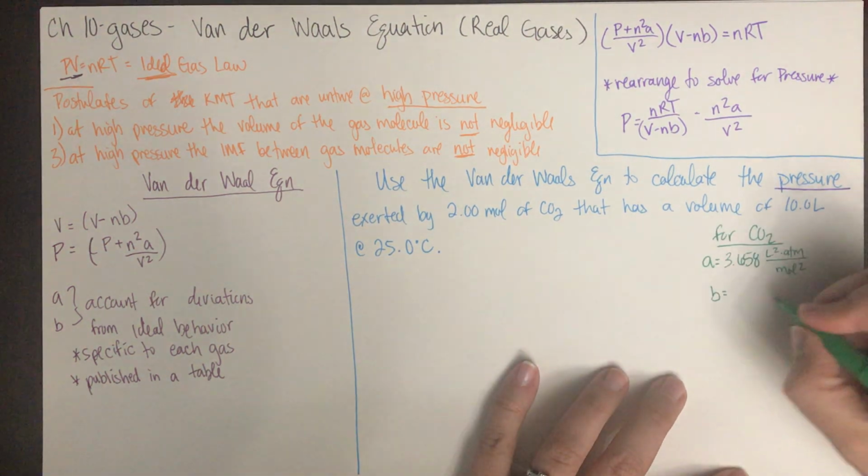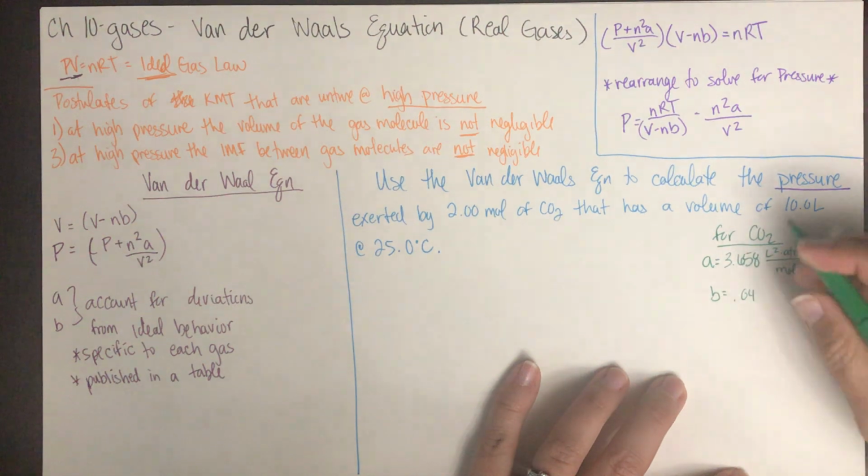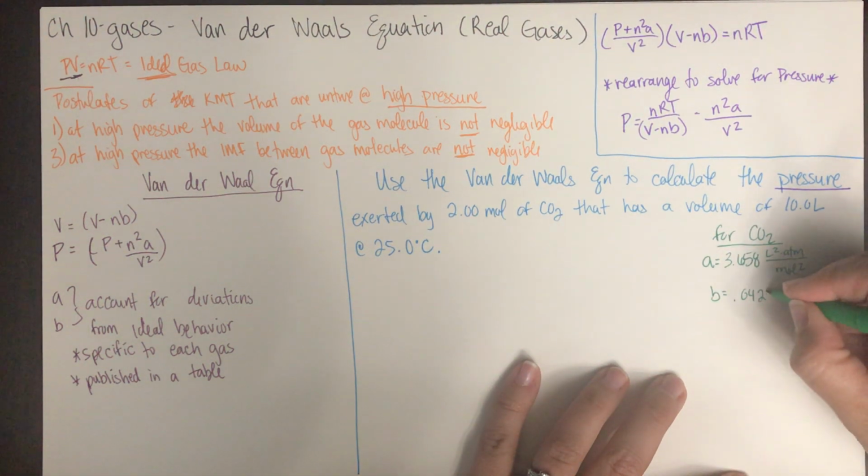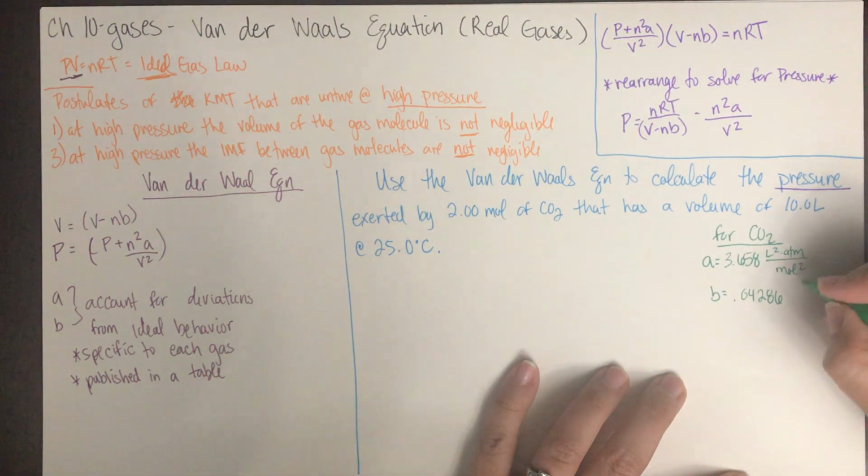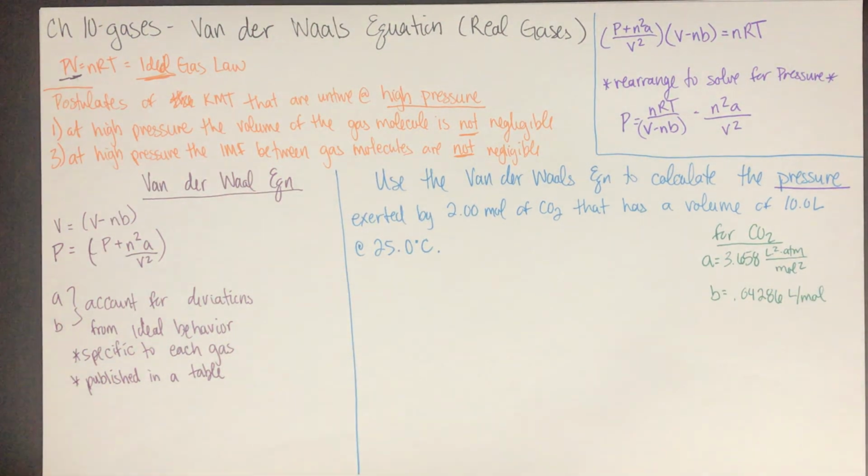B is 0.04286 liters per mole. So now I have everything I need to use the van der Waals equation to solve for pressure.